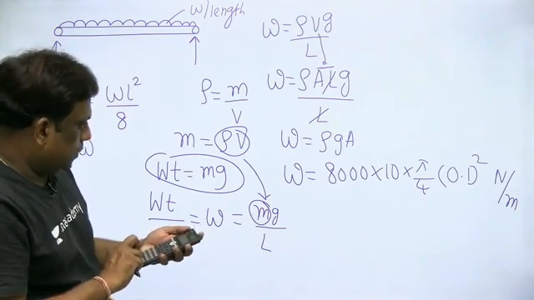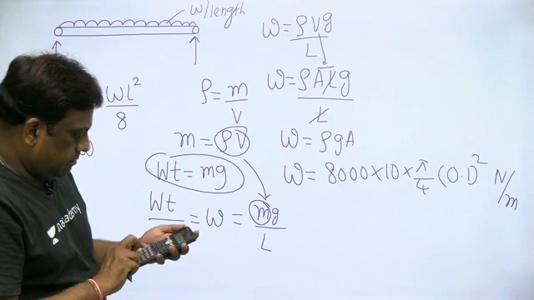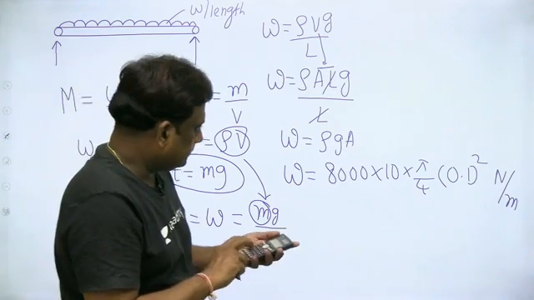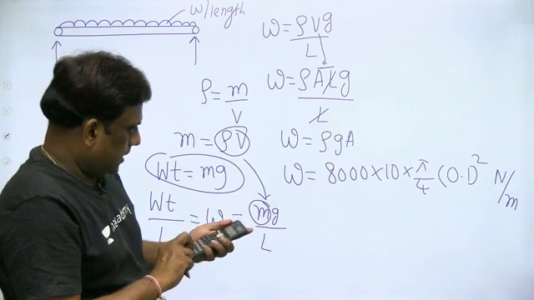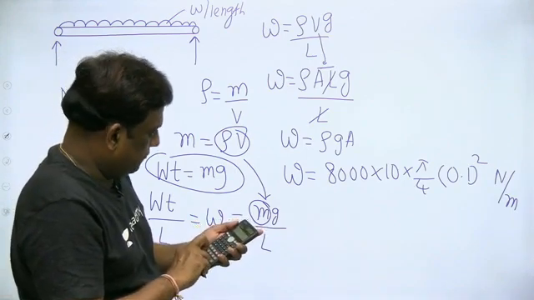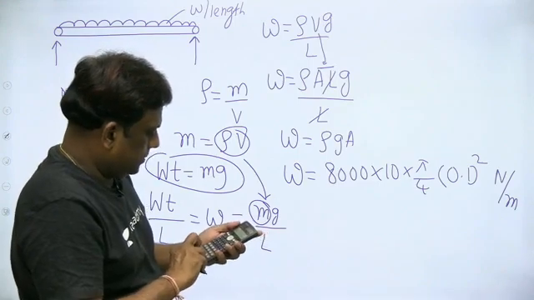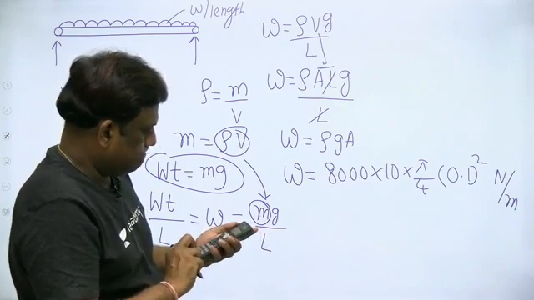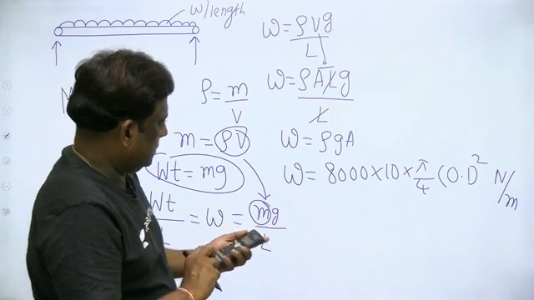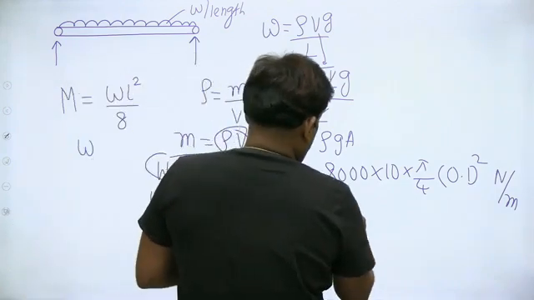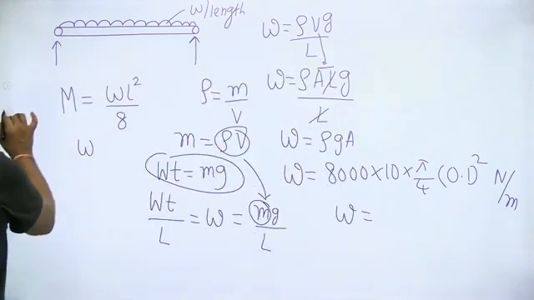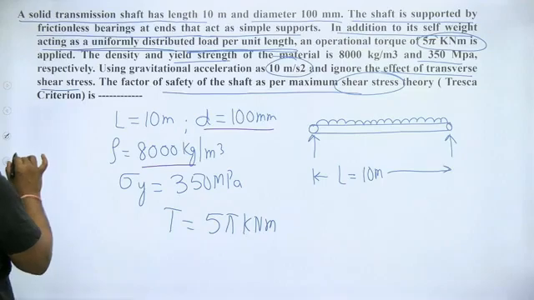So let me calculate. rho g A. So what is the density? Let me check. 8,000, right?